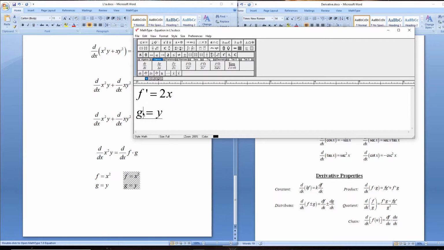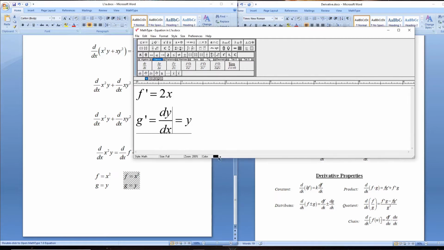Now for the derivative of g, and I'm just going to write this to be perfectly clear. We're doing the derivative of g with respect to x. And so here's a y, here's an x. The letters are different, which means the chain rule kicks in now.